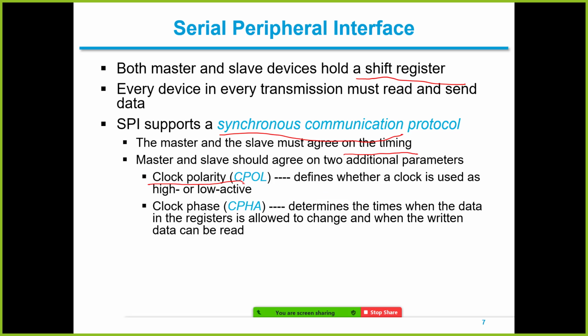This defines whether the clock is high or low active. And also clock phase, which determines the times when the data in the registers is allowed to change and when the written data can be read. Both of them should agree on these two parameters.